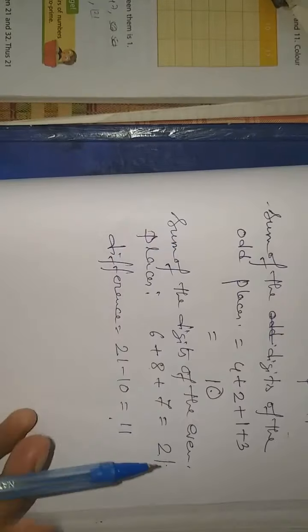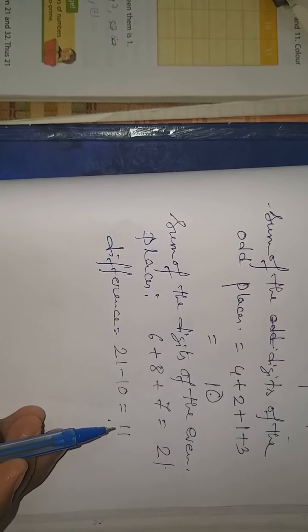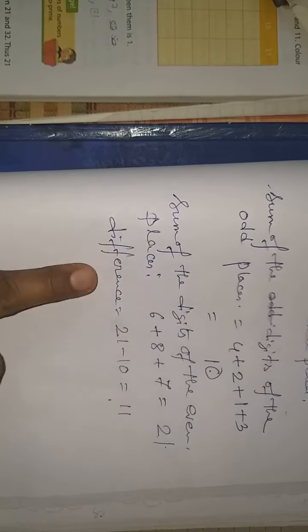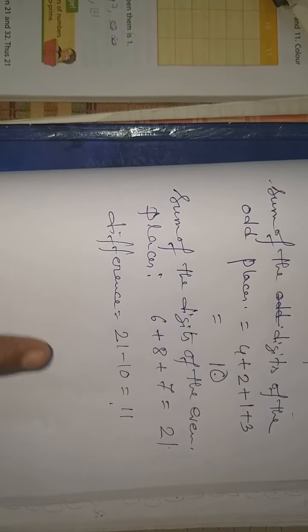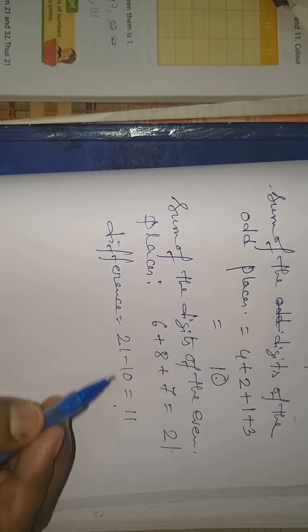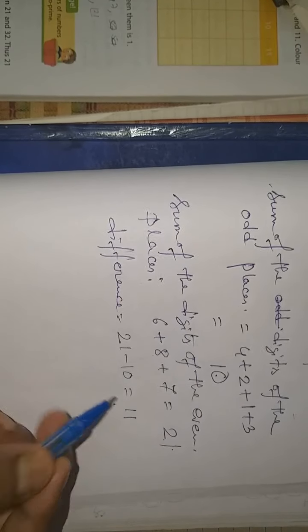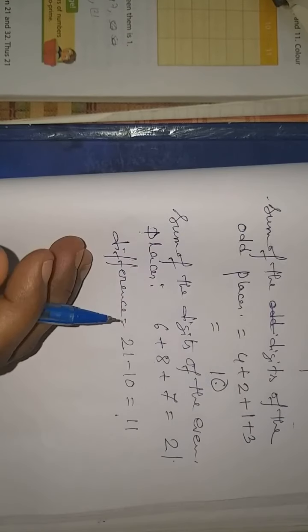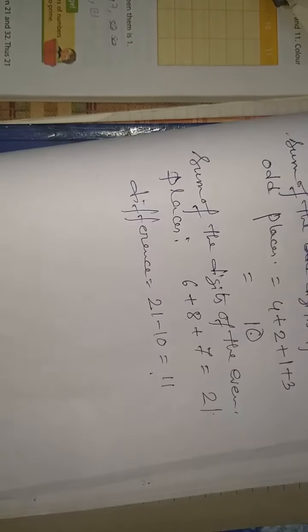So the two conditions for the divisibility of a number by 11 are that the difference will be 0, or we will get a number that is divisible by 11.